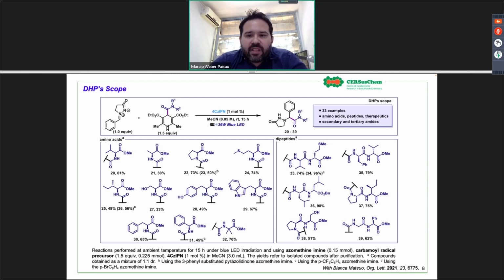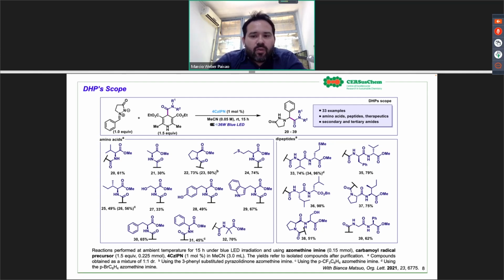And as you may expect, the growing application of modified peptides as drug candidates led us to evaluate the feasibility of this visible light-mediated protocol in the direct installation of proteinogenic amino acids across the azomethine imine scaffold. Such a combination allows the synthesis of non-natural amino acids and the assembly of modified peptides in a single event.